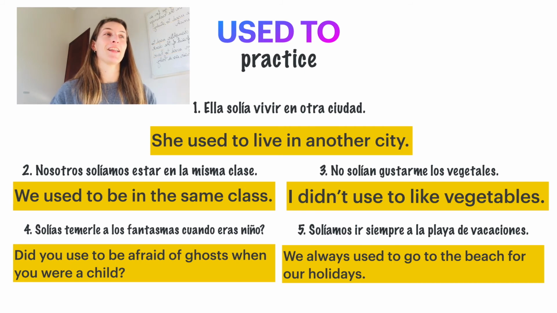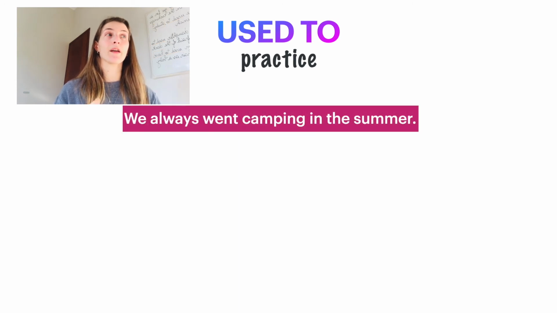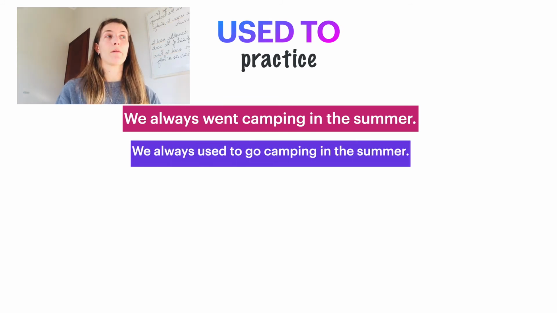Great, well done. So now let's continue, and here you will have to tell me whether it is okay or not to use used to. Si puedo usar used to o solamente puedo usar el pasado simple. A ver. We always went camping in the summer. That's simple past. We always used to go camping in the summer. Entonces, la oración con used to, ¿es correcta o no en este caso?